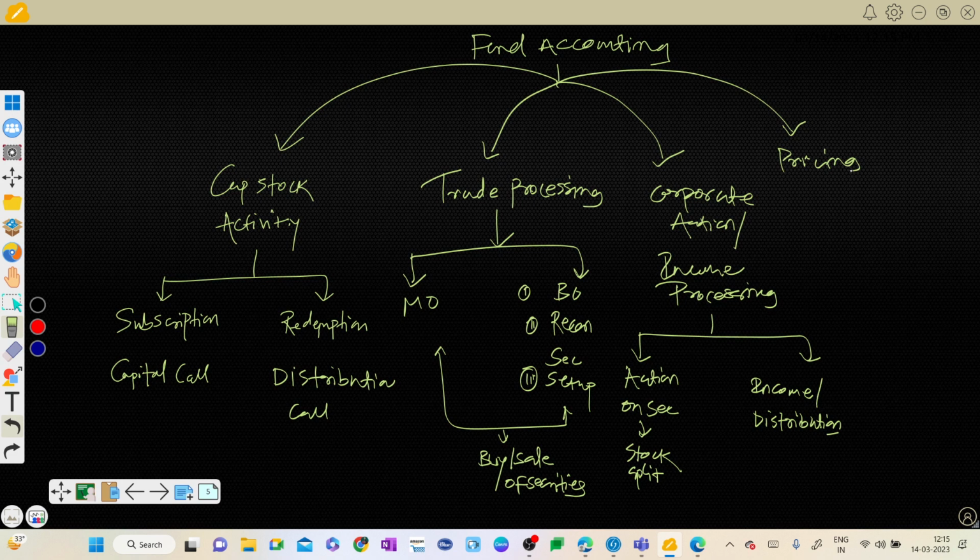You might see other activities too, like compliance or other reporting activities, or investor account setup or security setup under trade processing, or fund name for fund account setup. Those activities come under your fund accounting, NAV package.